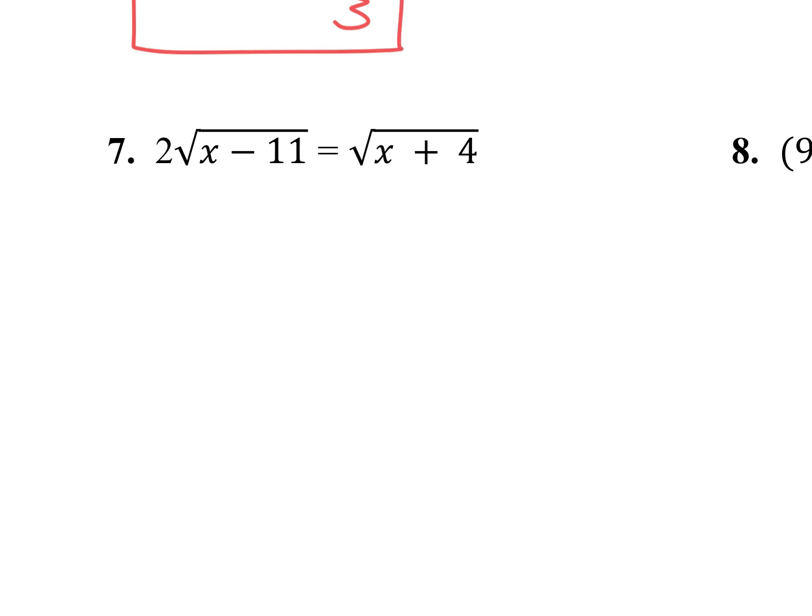All right, for number 7, the radical on the right is already isolated. So we can square both sides now since the index is 2. All right, so squaring the 2, I get 4. And then squaring that radical, I just get x minus 11 without the radical. The radical on the right side cancels.